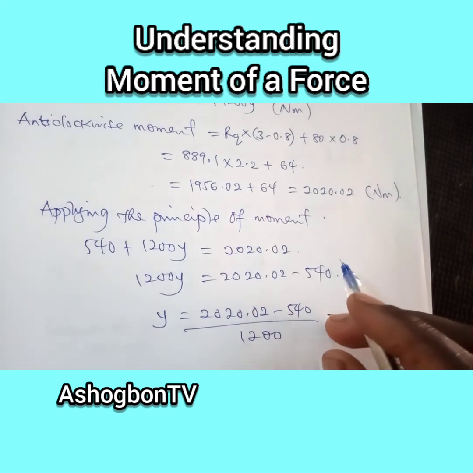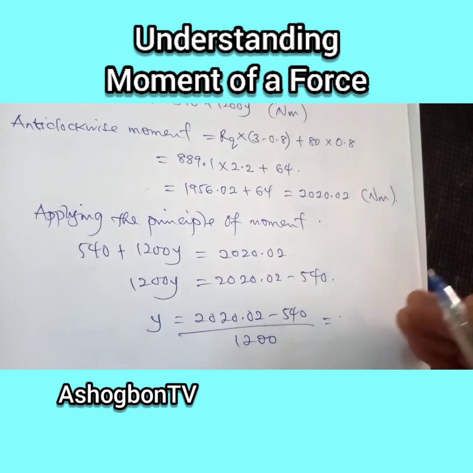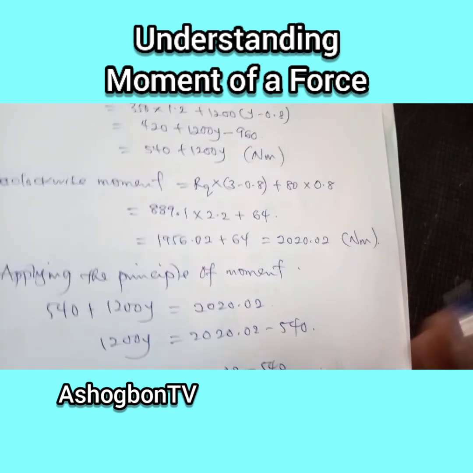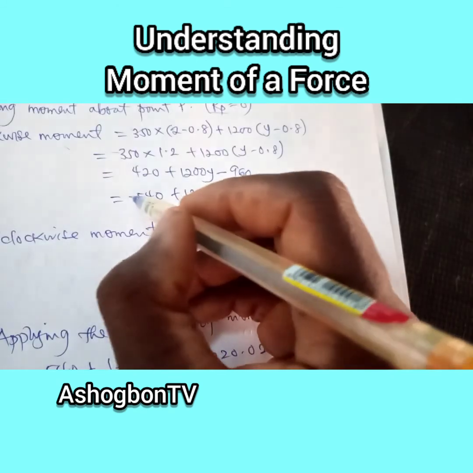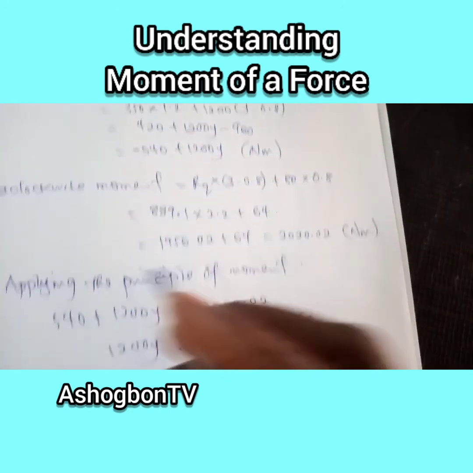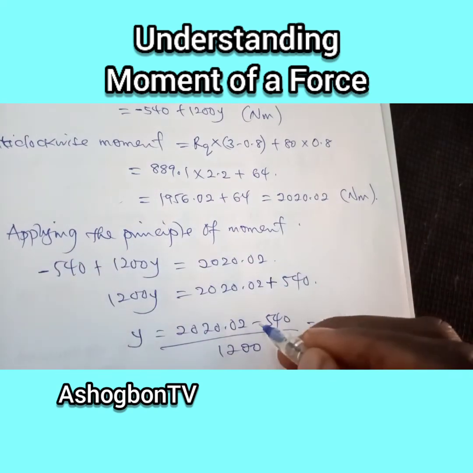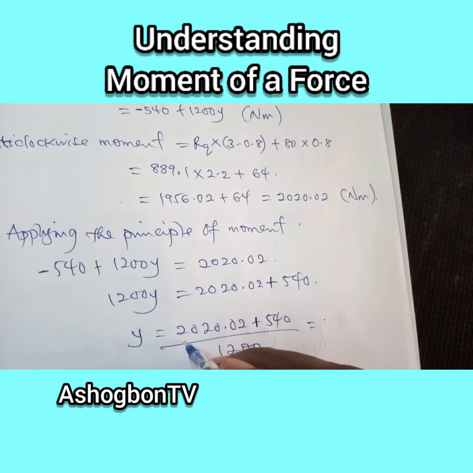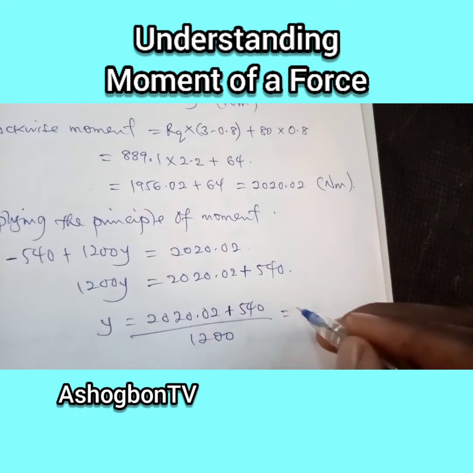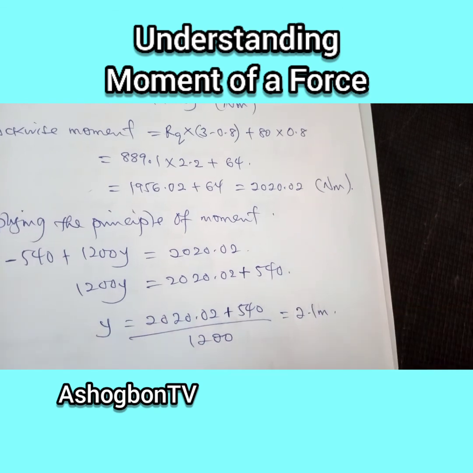And all you have to do there is just a simple calculation. Am I missing something? Okay, yes. Here should be minus. If you check, minus 960 here should give you minus. And of course, this will be minus. And if you take that here, you will get plus. So you want to divide this by 1,200. Your answer will be 2.1 meters.